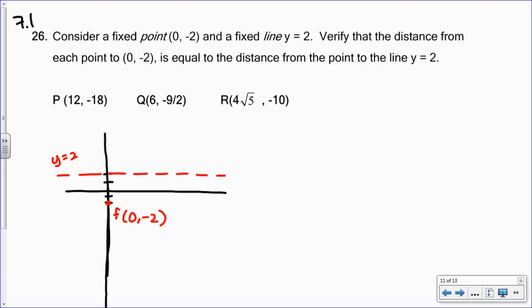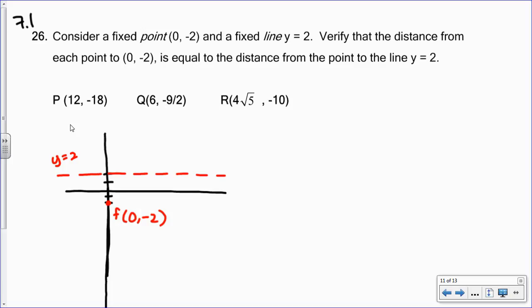Okay. It doesn't ask me to find the equation. I'm just verifying that the given points are in equal distance from the focus and the directrix. So let's graph these points. I'll do P first and then the others.